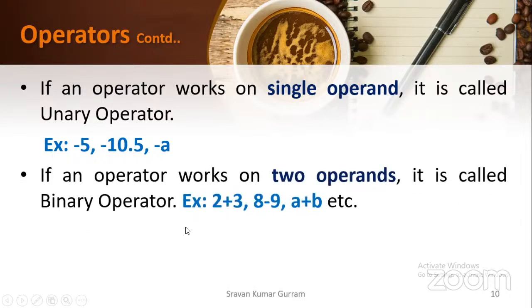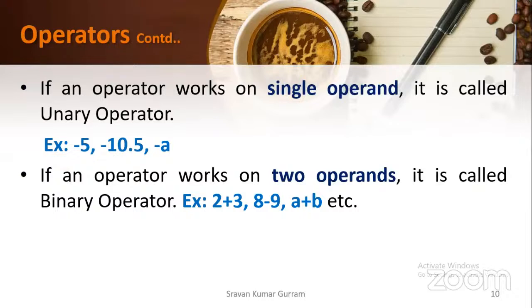Then if an operator works on 2 operands, it is called a binary operator. For example, if you want to perform any addition operation, subtraction operation, or multiplication, can we implement this with the help of a single value? The answer is no, right? Suppose I write 2 multiplication, can we get any answer? Is it valid?